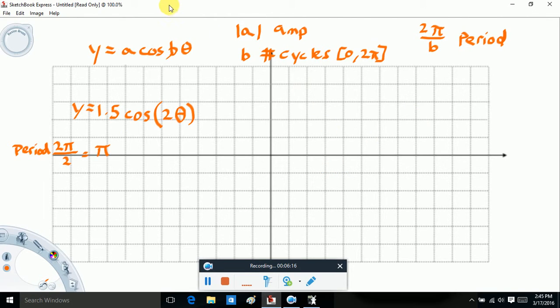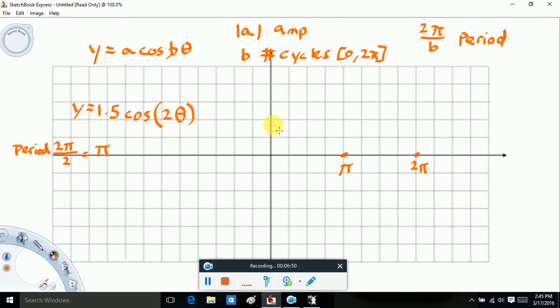Since we have 2 cycles in the period 2 pi, we're going to need to make this 2 pi right here. Okay.